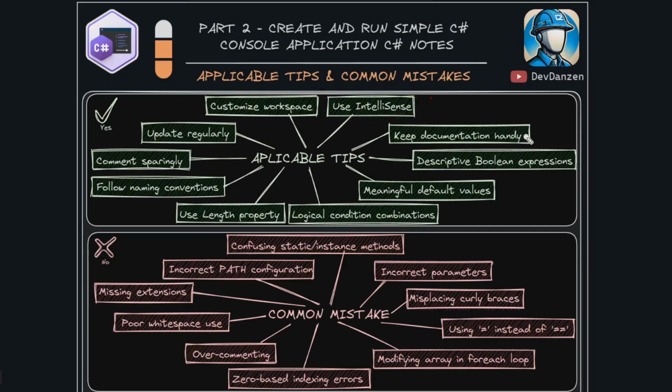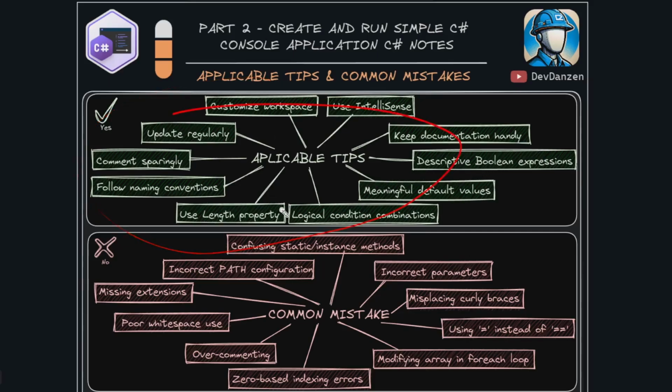Keep documentation handy. What I mean by handy is that developers often have dual screens, one screen for coding and another screen to look at documentation. So it will be significantly more efficient for your coding work. And etc. You can see and examine other tips here.